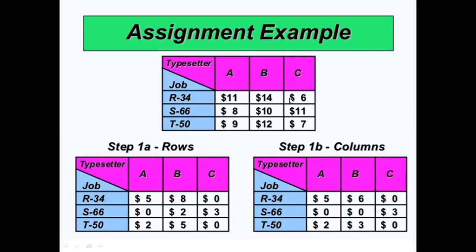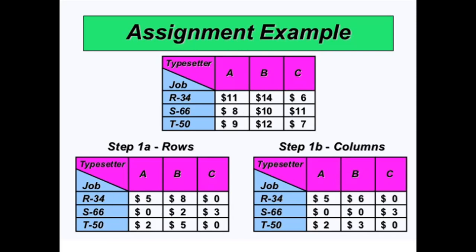11 subtracted by 6 is 5. 14 will be subtracted by 6, which is 8. And then 6 subtracted by 6, which is 0. And then we go to the next row. We're trying to look at the lowest cost from these 3 numbers, and the lowest cost is $8.